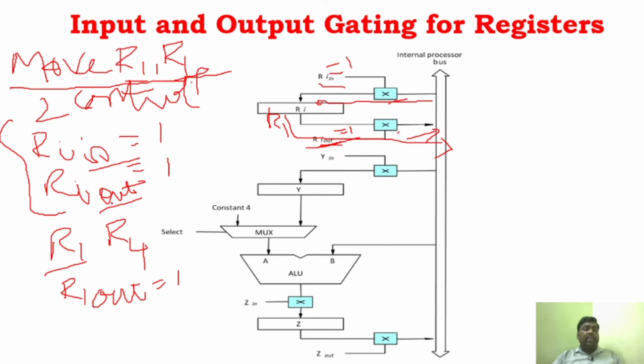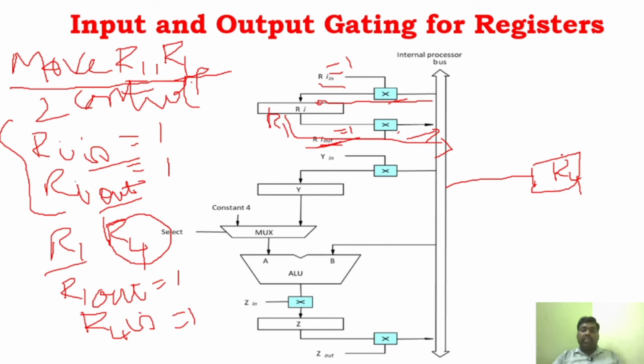Now it has to be sent to R4. Consider that here is R4, just as an example. Now we have to enable R4 in, that is, R4 in must be 1. The input of this register has to be enabled.